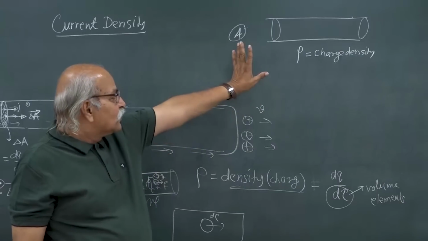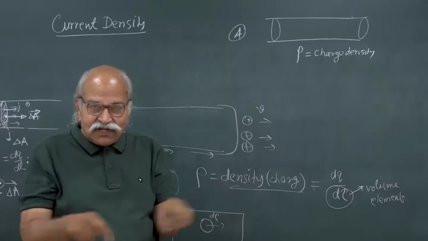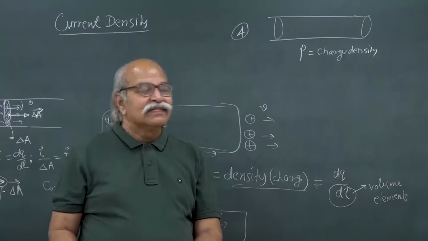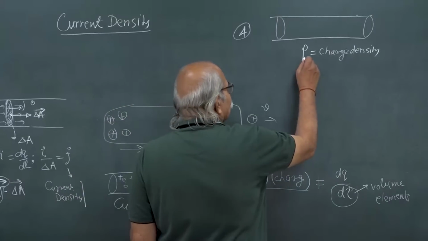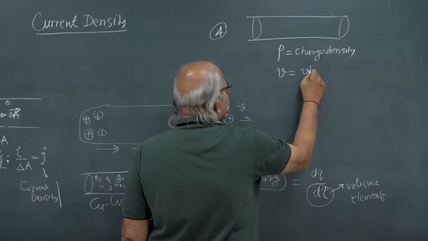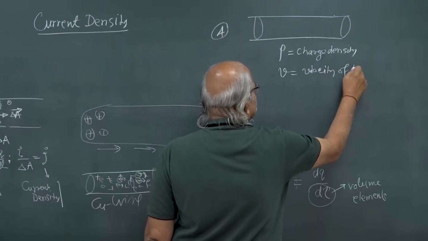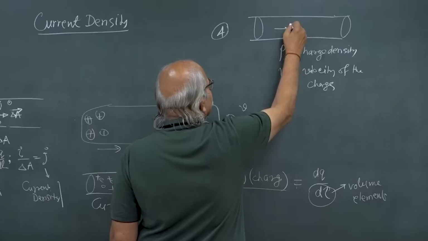Or if you have put the charge somehow on a material, then whatever is the charge per unit volume, that is this rho. So rho is the charge density, and this charge is moving with a velocity v. Okay, so this is the velocity direction.